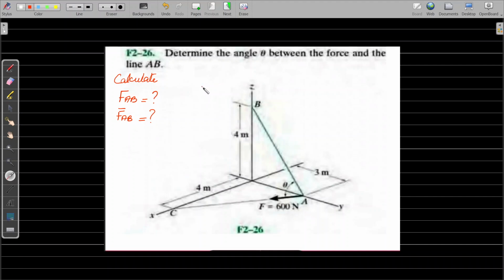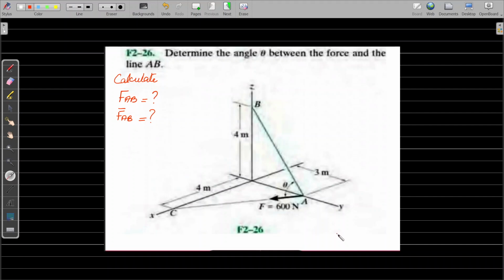Not only that, I am also asking you to calculate the force vector FAB, not the projection, but the vector. So we basically have three unknowns to calculate. Let's start by solving the problem.